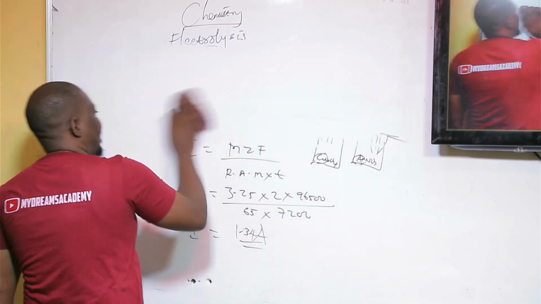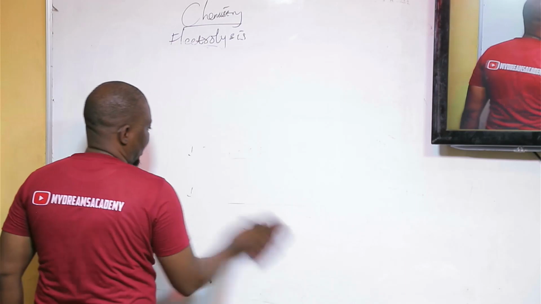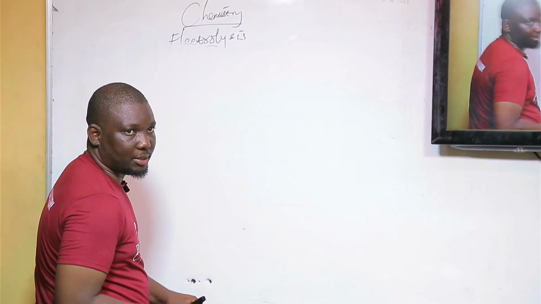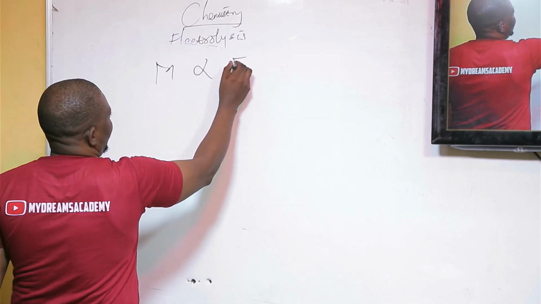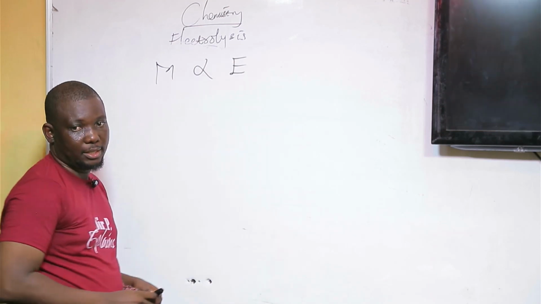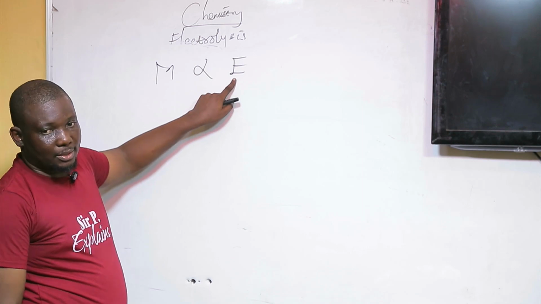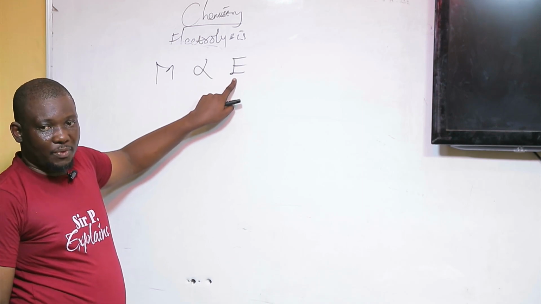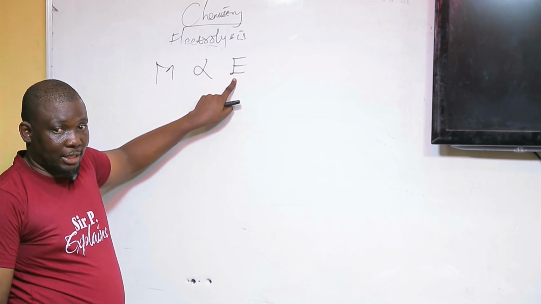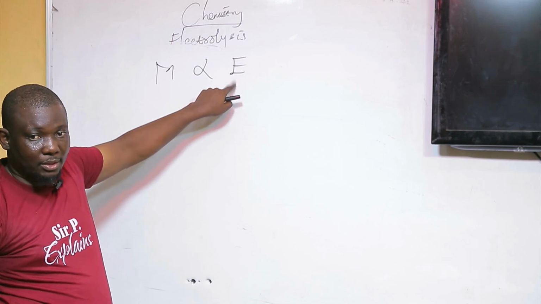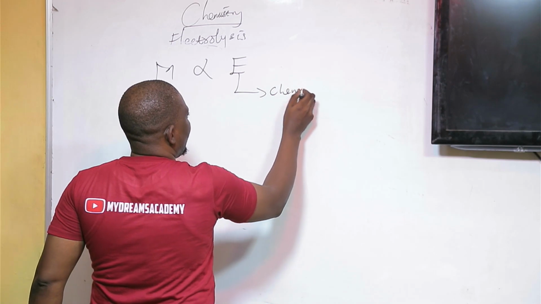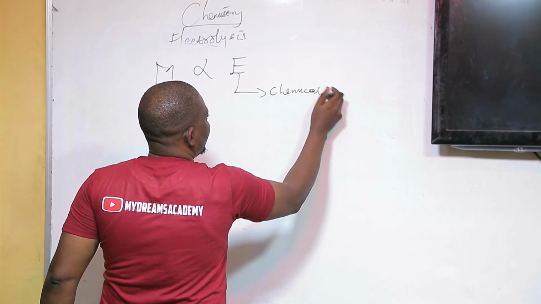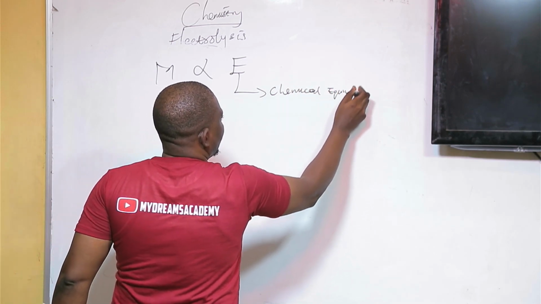Looking at it mathematically, it's very simple. Just like it states there, mass M is directly proportional to E. This E is the chemical equivalent, not electrochemical, just chemical equivalent.